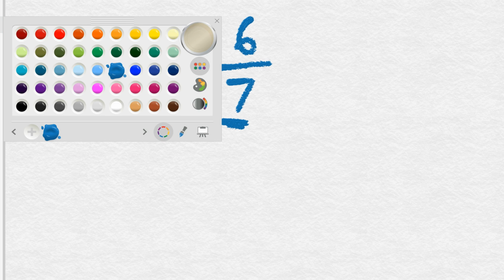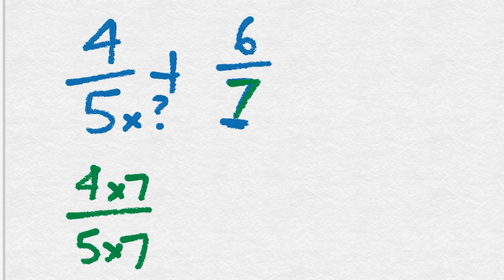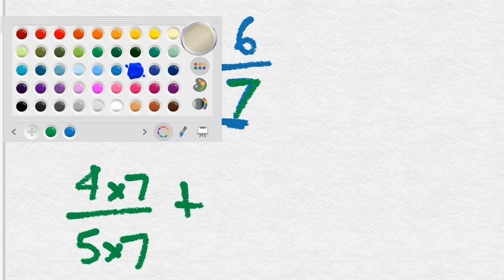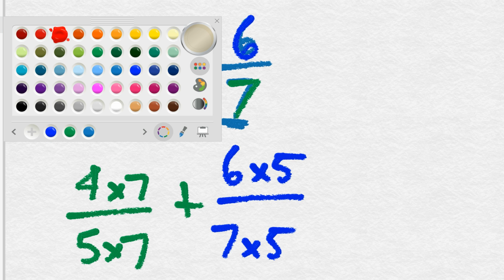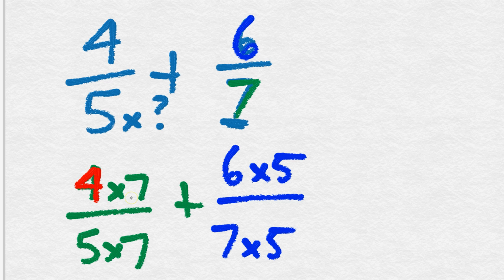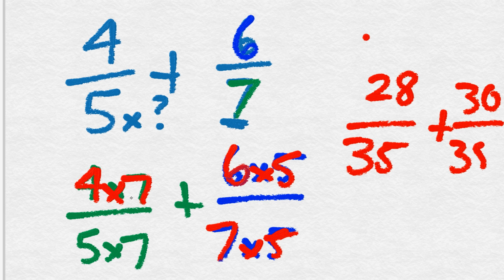So the next step you need to do is you need to do 4 times 7, because 7 is the denominator, and then 5 times 7 plus 6 times 5 over 7 times 5. 4 times 7 is 28 over 7 times 5 is 35 plus 6 times 5 is 30 over 7 times 5, which is 35.